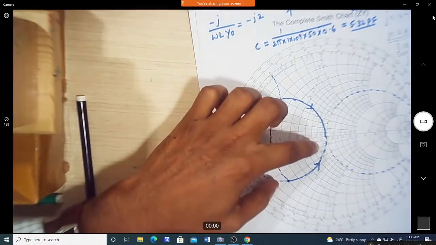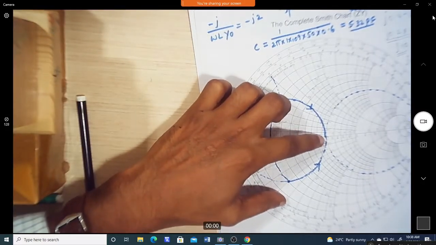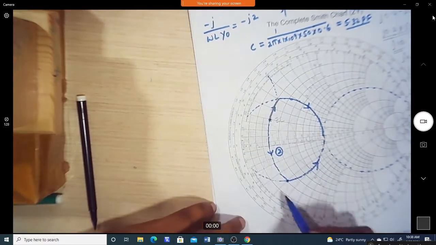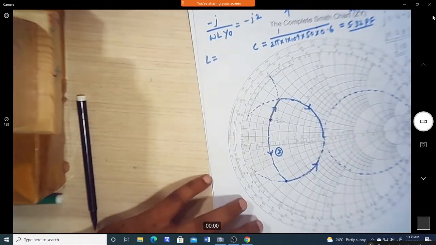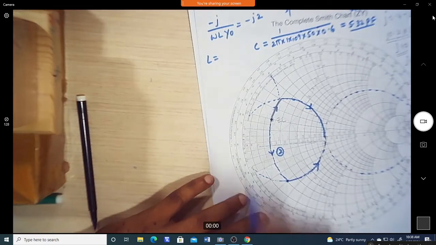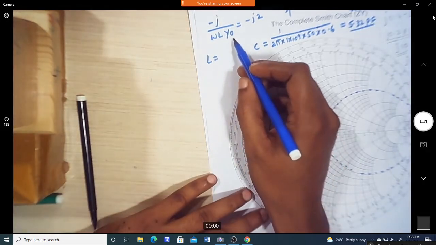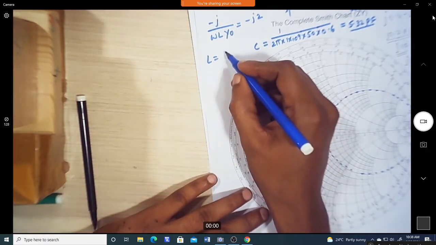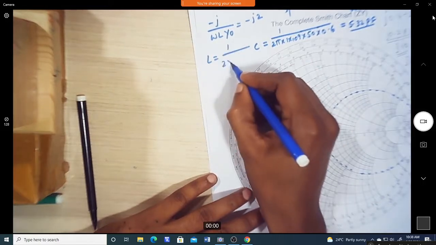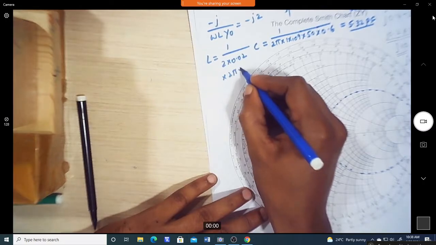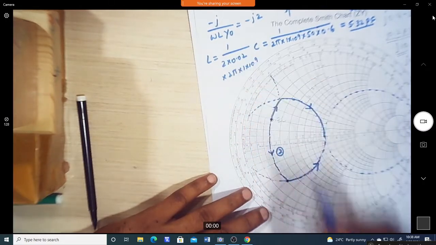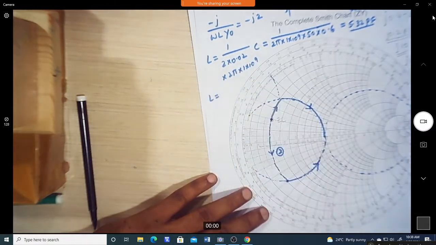The susceptance offered is j2, minus j2. So now we can find out the inductor value: 1 over 2 into 0.02 into 2 pi into 1 into 10 power 9. So find out what is the value of L.